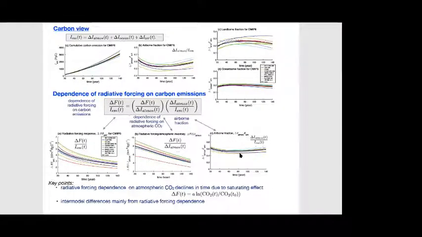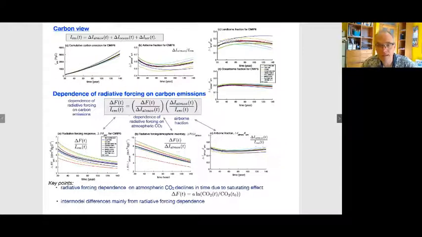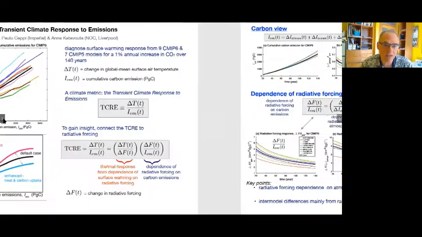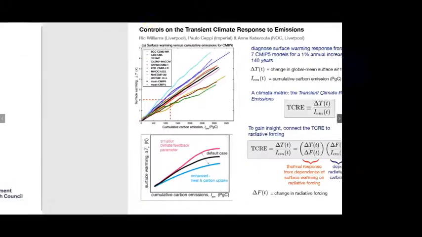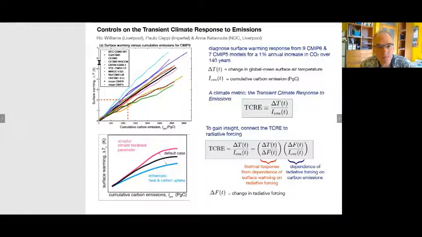Okay, a question from Ben Booth. Presumably some of the spread in TCRE comes from non-CO2 forcing, such as aerosols. How does this appear in your framework? Ben, that's a very good question, and it's not actually included formally, for the TCRE is defined just for these 1% annual increases in CO2.